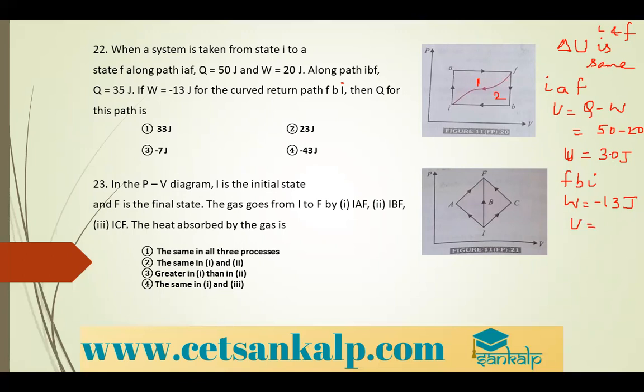We have already found that delta U is the same for both cases, so the sign reverses. So Q for IF is 30. So Q is equal to minus 30 minus 13, that is minus 43 joules. That will be your answer.